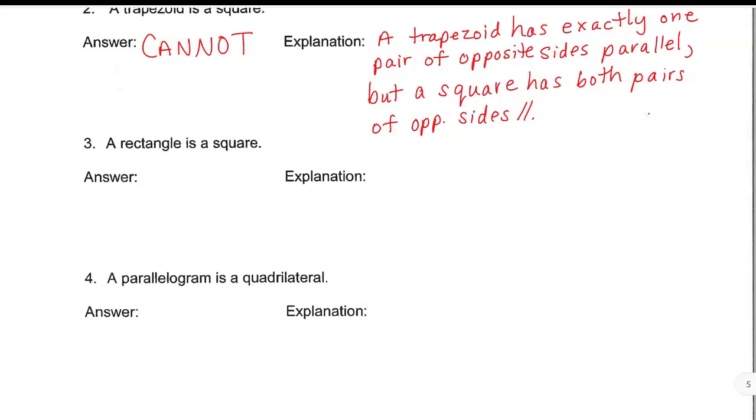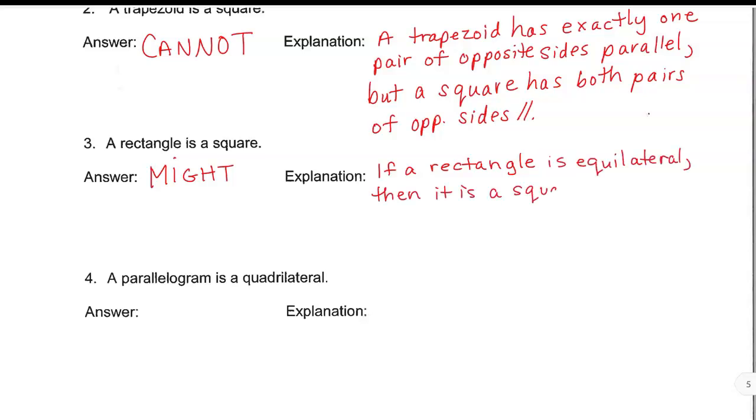We're going to say a rectangle might be a square. So we're going to give an example of when that's true and then an example of when that's false. So if the rectangle has all sides congruent, then it is a square. How about we say if a rectangle is equilateral? If a rectangle is not equilateral, then it is not a square.